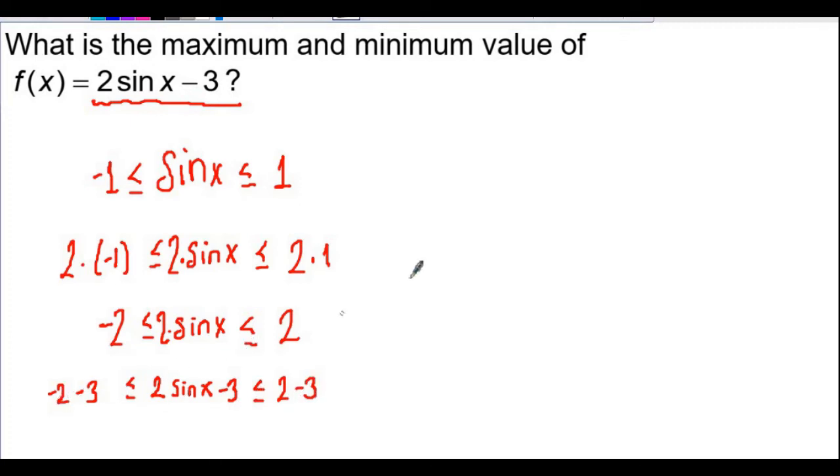So -2 minus 3 is equal to -5, and 2 minus 3 is -1.